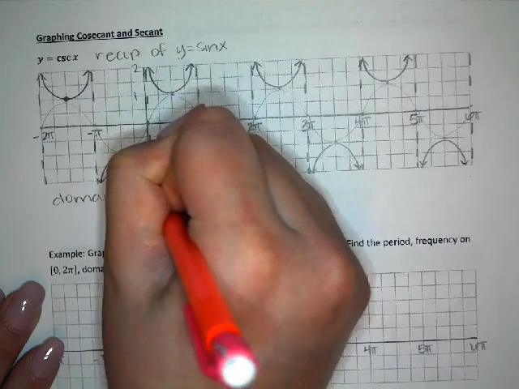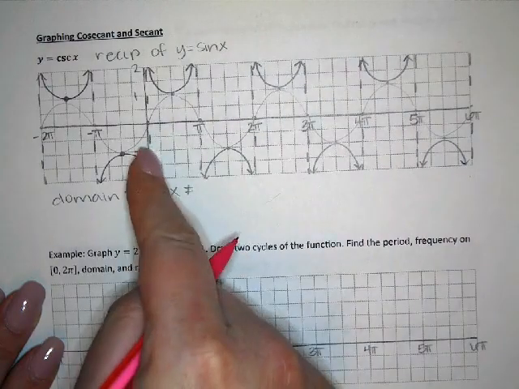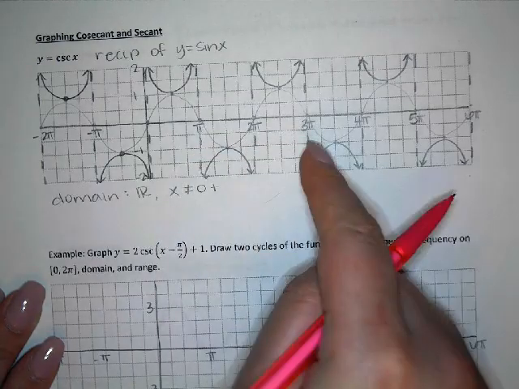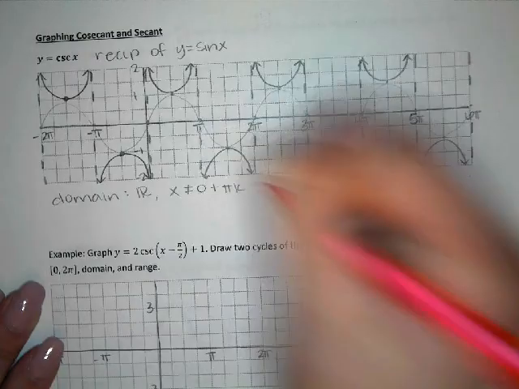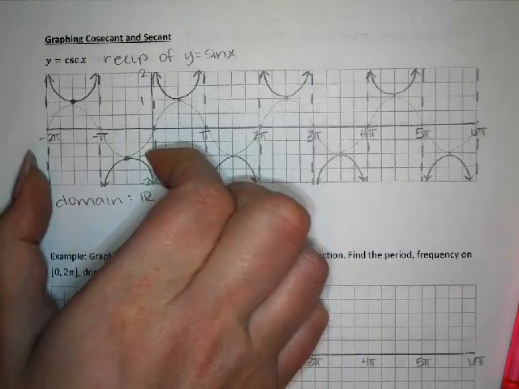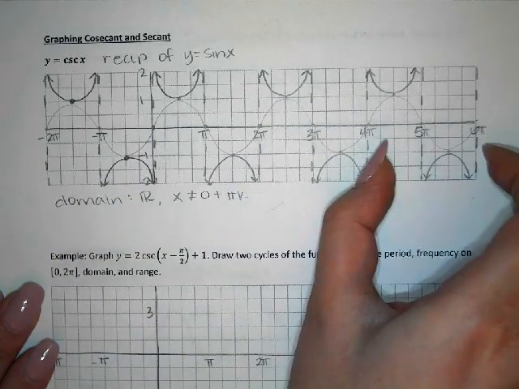So 0 plus pi k. Now, for this graph, we still have a period of 2 pi, because it takes 2 pi for the pattern to repeat. And the pattern is a bowl up top, a bowl below, up top, below, up top, below. So that's still a period of 2 pi. But the vertical asymptotes repeat every 1 pi.